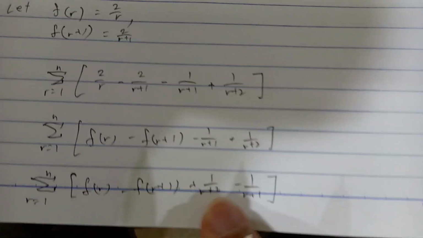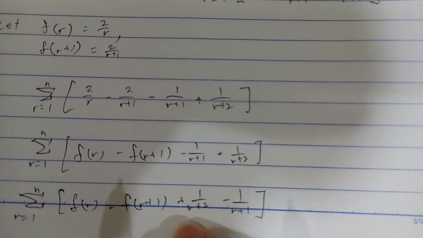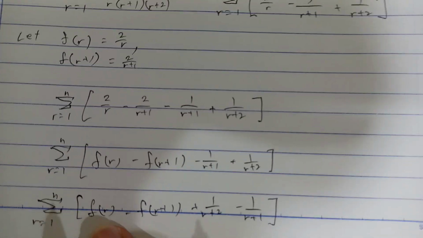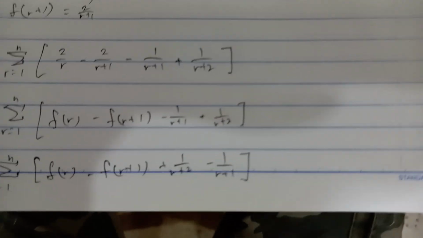Alright, so now it's this minus this. So I want to change this into a function as well, but a different function. I'll use the letter g, or you can use any other letter if you like. So let me rewrite that here.